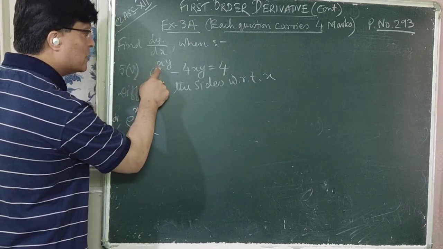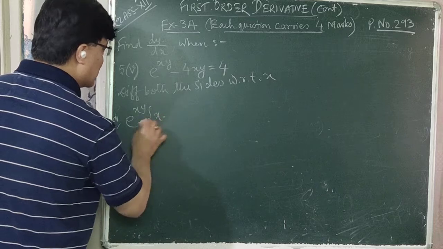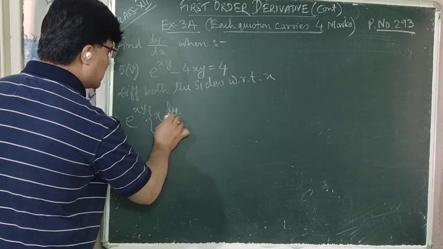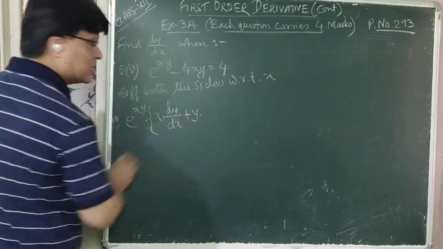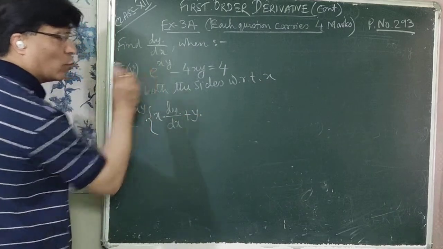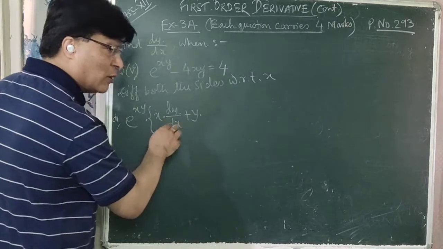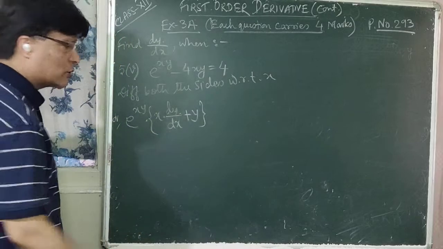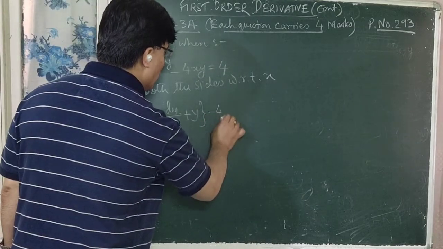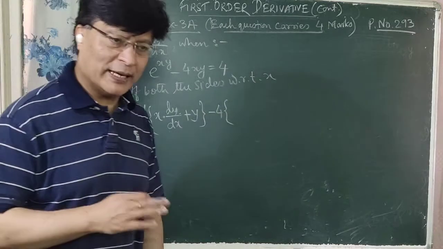That means if you differentiate xy, you have to use the UV rule. So x is kept as it is into dy by dx, plus y is kept as it is into the derivative of x, which is 1. If it is 1, no need of writing it because y into 1 is always y. So the second bracket is closed. Then minus 4 within the second bracket, 4 is constant, so minus 4 is there.